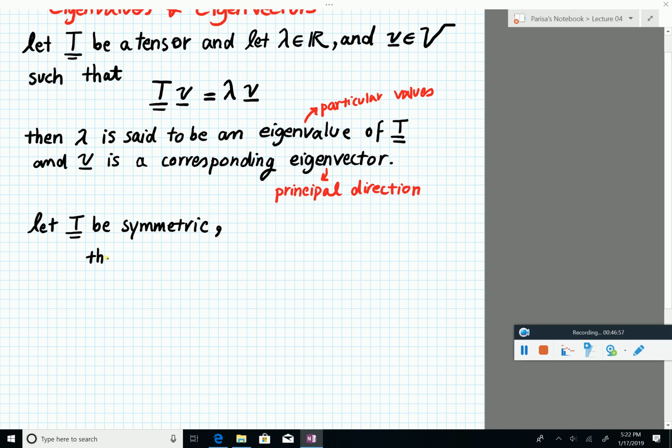Then all the eigenvalues, so I told you that you need to kind of look at the matrix form to be able to calculate them. So let me just put this kind of implicitly here. So they are going to be real valued. That's important.